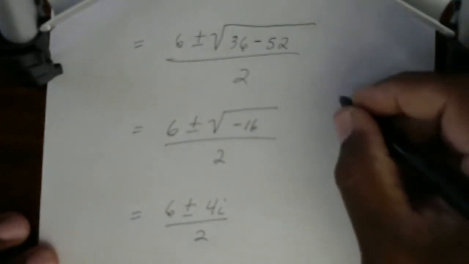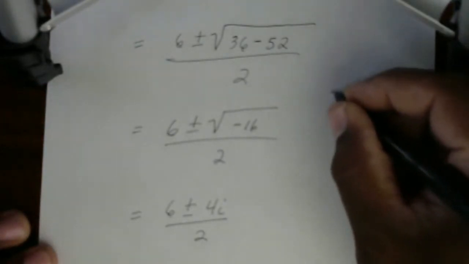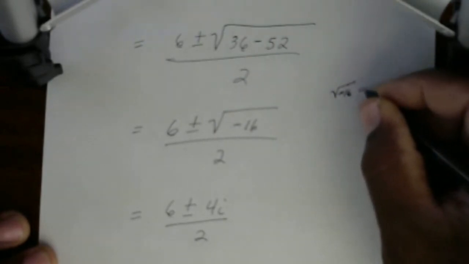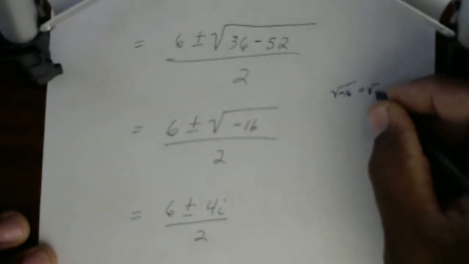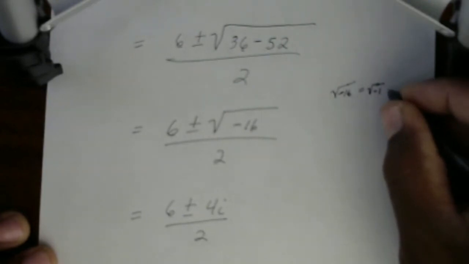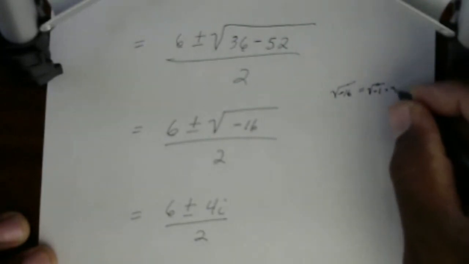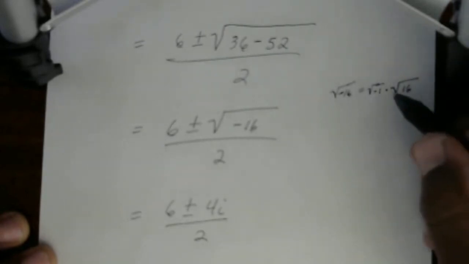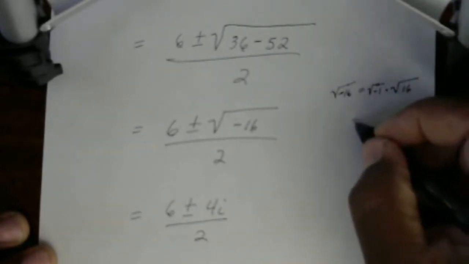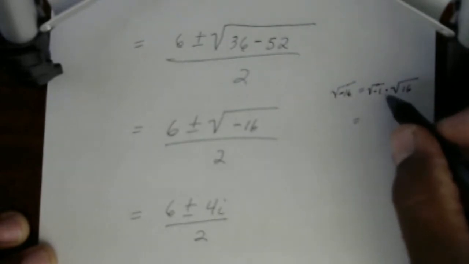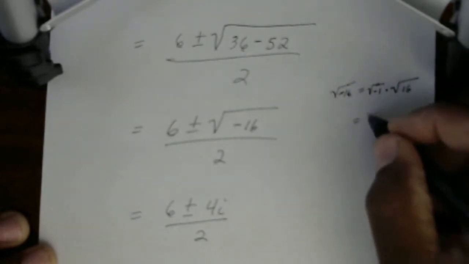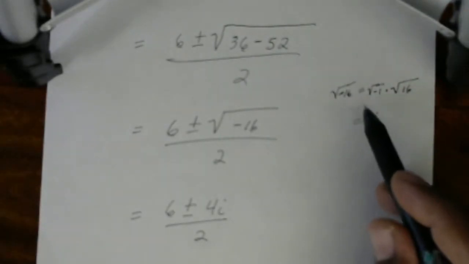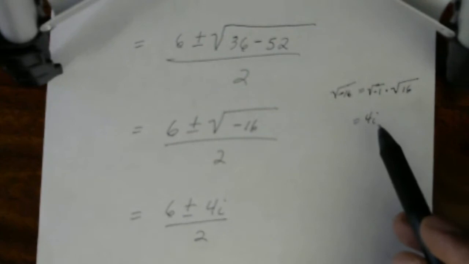So just to show that over here, the square root of -16 is equal to the square root of -1 times the square root of 16. Right, the square root of -1 is i. The square root of 16 is 4. So the square root of -16 is 4i.